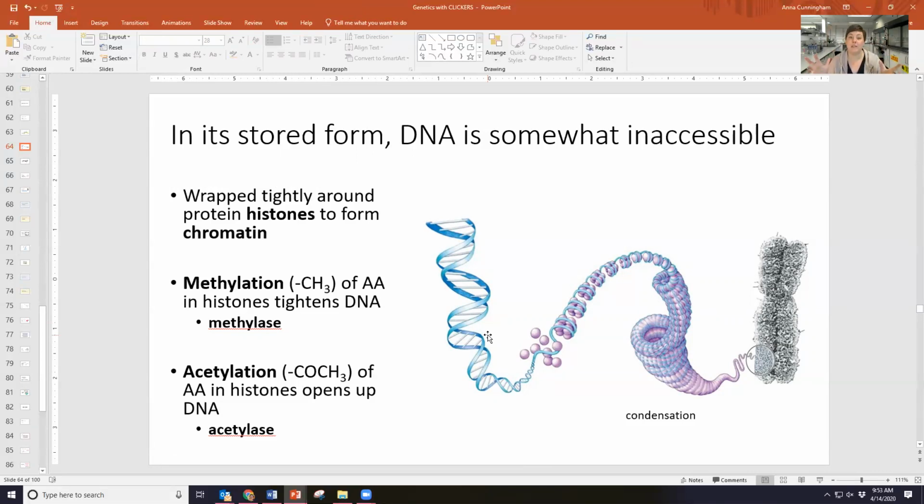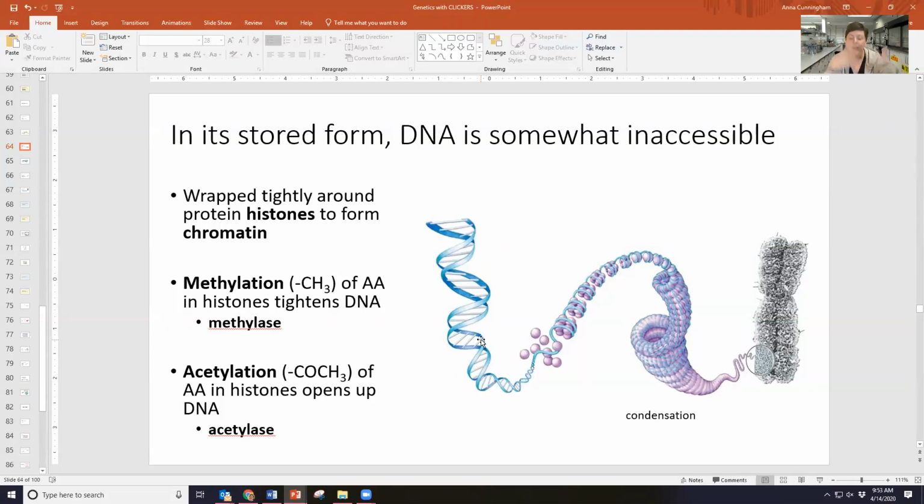What we mean by that is it's not condensed into chromosomes. If you remember from that lab where we calculate the lengths of time for each of the different phases, interphase is the time that a cell spends the most of its life in. Cells spend the majority of their time in interphase.